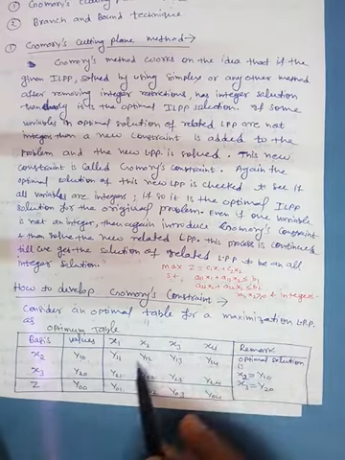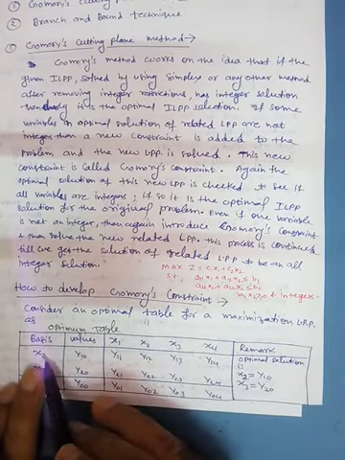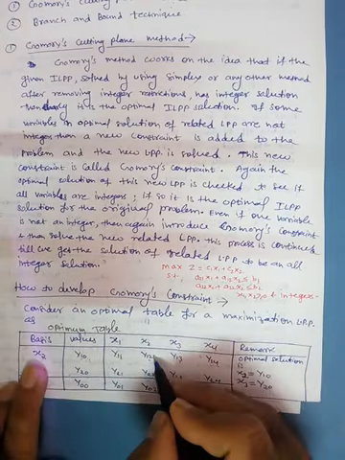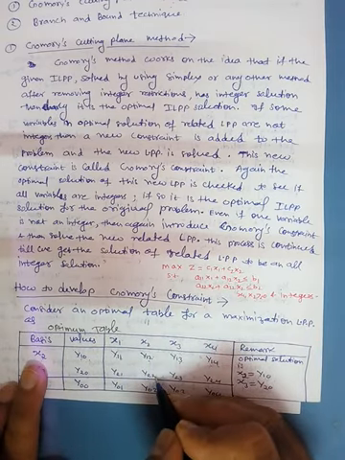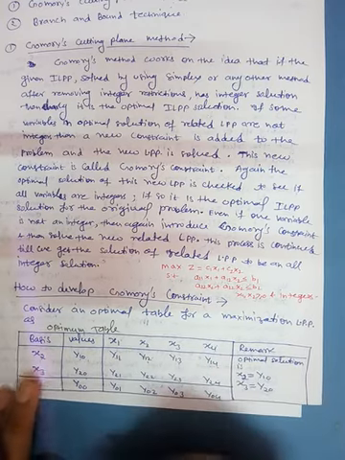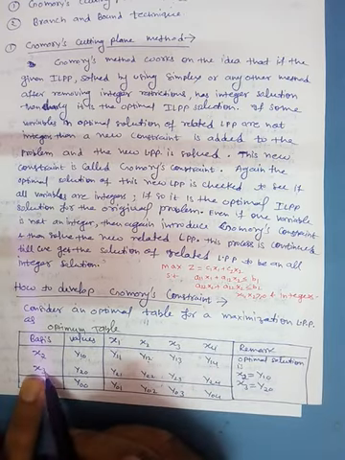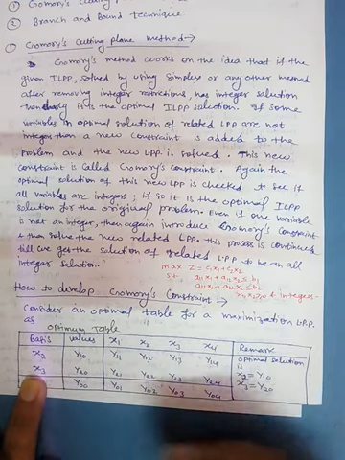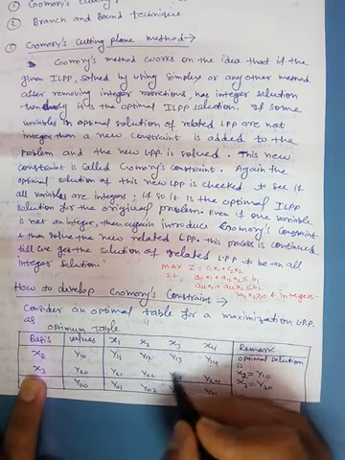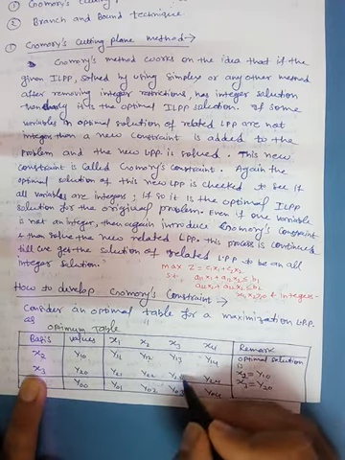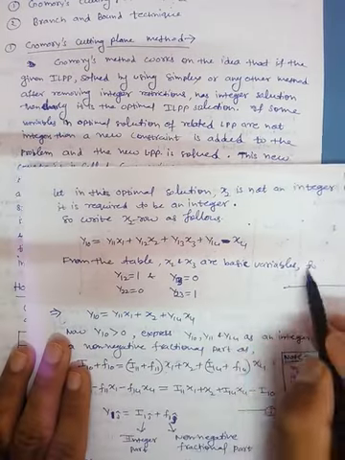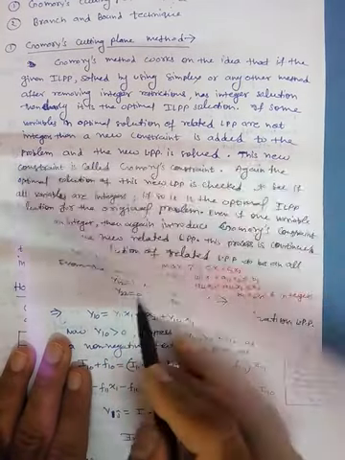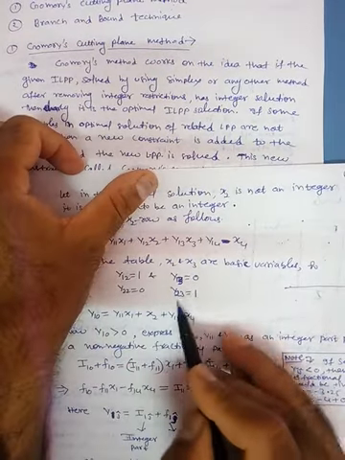Now according to this table, x2 is a basic variable, so here it would be 1 and here it would be 0. y12 is 1, y22 is 0 and y02 is also 0. Similarly x3 is a basic variable, so y23 would be 1, y13 would be 0, and y03 is also 0. So from the table x2 and x3 are basic variables: y12 is 1, y22 is 0, y13 is 0, y23 is 0.